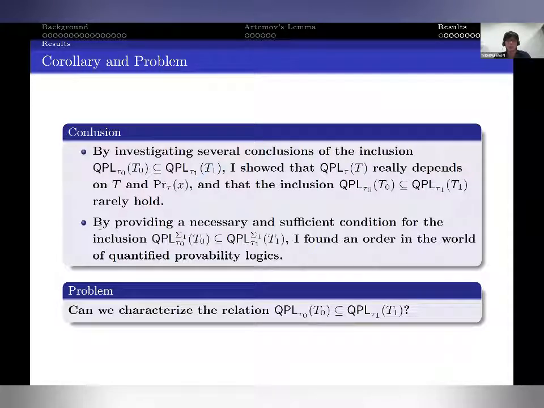Also, by providing a necessary and sufficient condition for the inclusion of Σ1 quantified probability logics, I found some order in the world of quantified probability logics. But this is an open problem: can we characterize the relation between usual quantified probability logics? That's all.